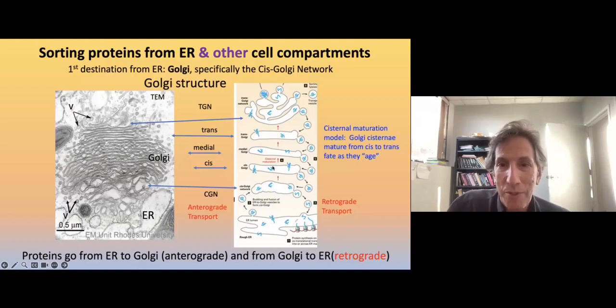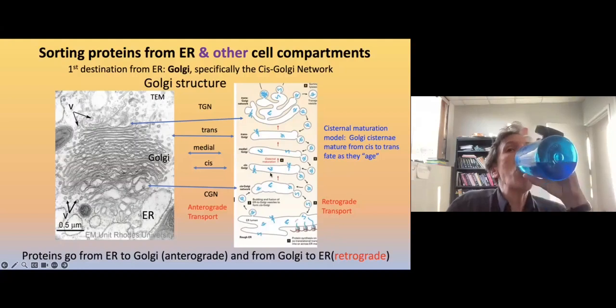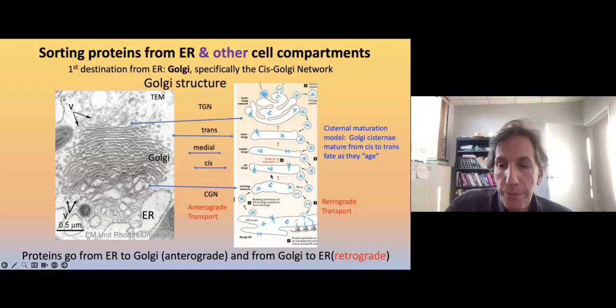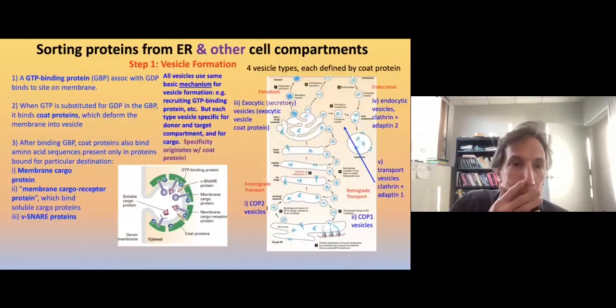And so it's able to be exposed to this changing variety of modification enzymes. So that's the cisternal maturation model. And you can see retrograde transport has a big role in cisternal maturation, and it has some other roles that we'll talk about in a slide or two.